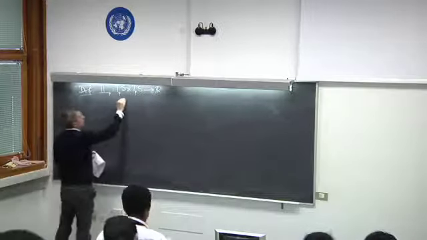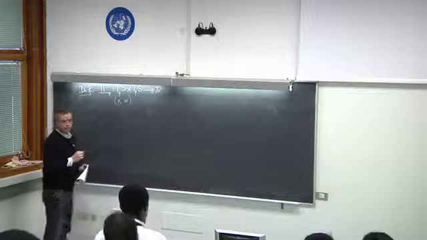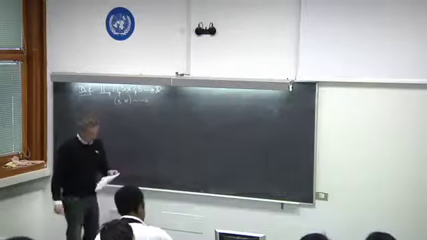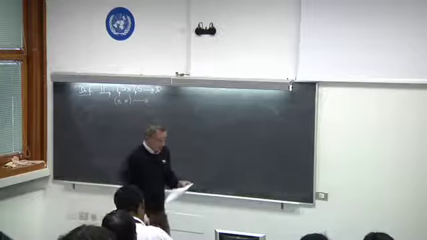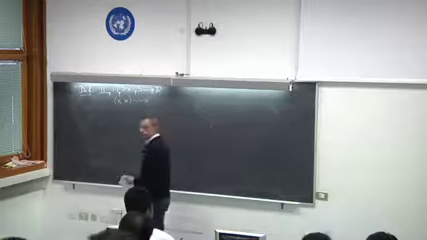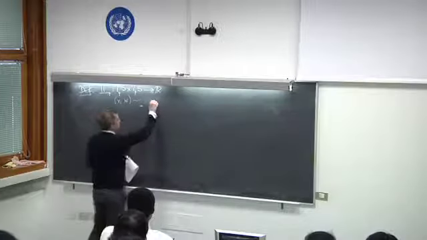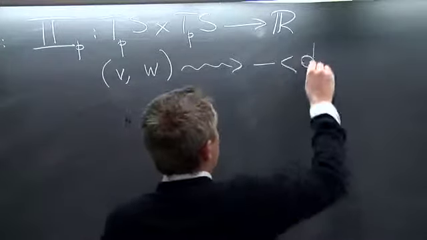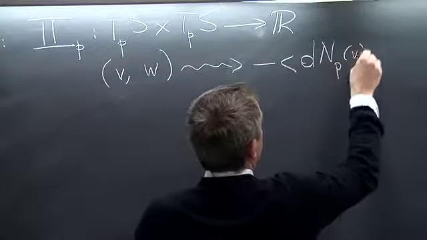And how do you do it? Well, you take two tangent vectors, v and w, and actually here there is a usual source of mistakes also inside my lectures. So part of the exercise is to check that I sometimes don't forget this minus sign. Okay, you put minus dnp v w.